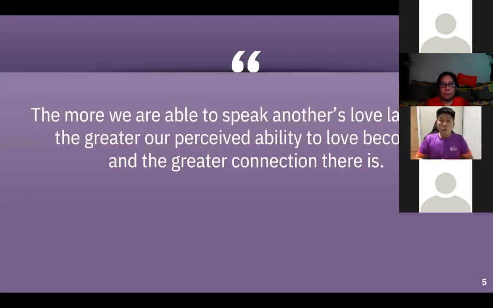Now, why did this love language become so popular? Because as we practice this love language on our partners, be it our romantic partner, our spouse, our family members, our co-workers or our friends, something that we found consistently is that the more we are able to speak someone else's love language, they will perceive that we are very capable of loving them.